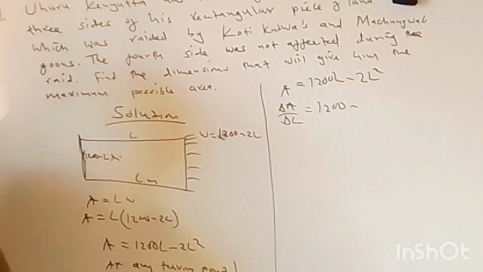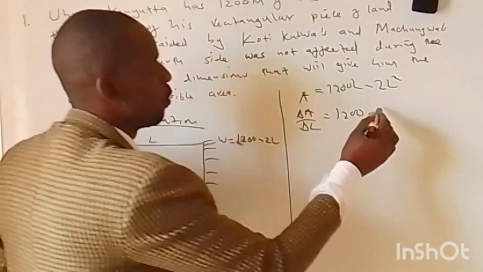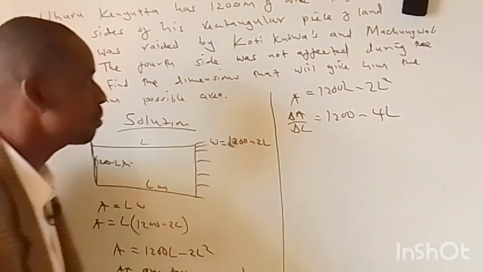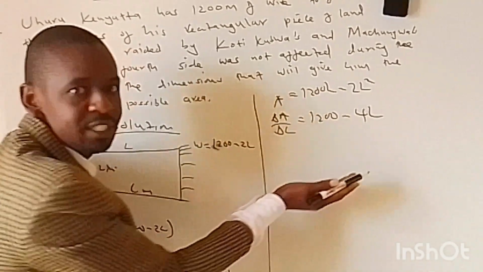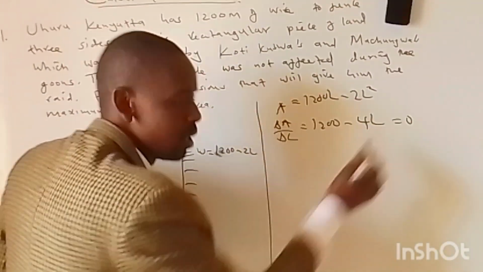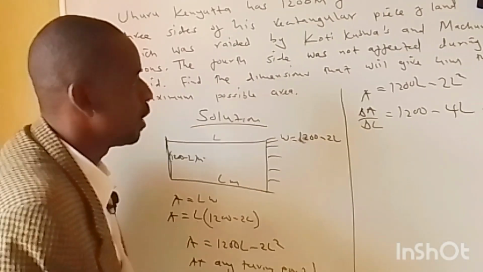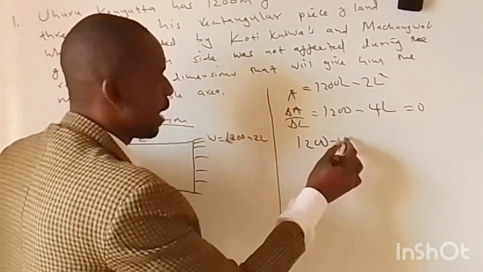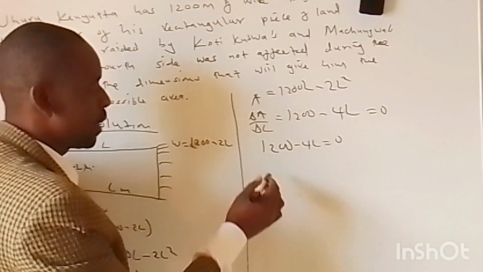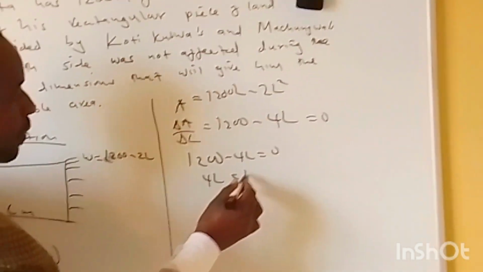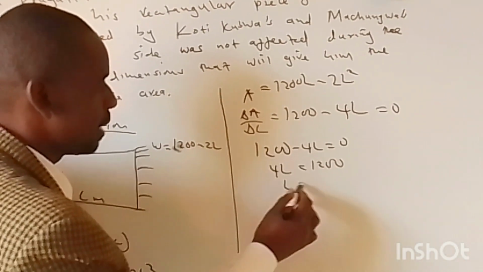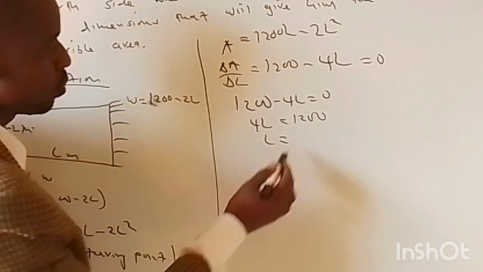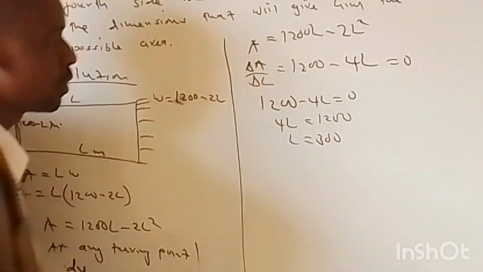So dA over dL, when we differentiate, we get 1,200 minus 4L. At this point, we have just explained that it is equal to 0. So easy. So 1,200 minus 4L is equal to 0. So we have 4L is equal to 1,200. Then L is equal to 300.